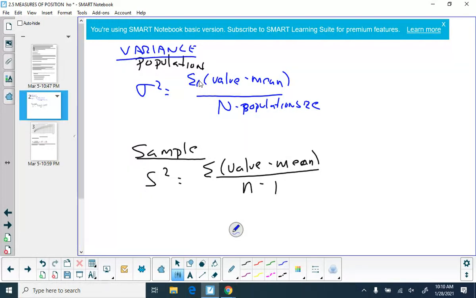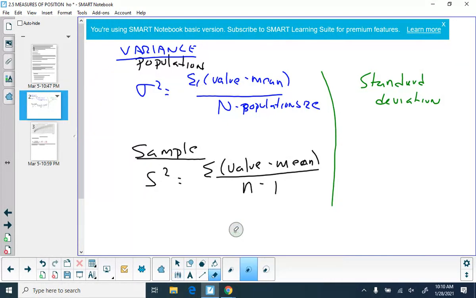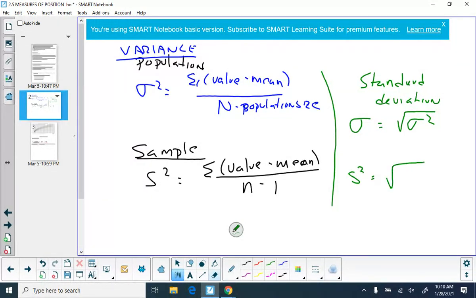To calculate your standard deviation, your standard deviation is just the square root of your variance.